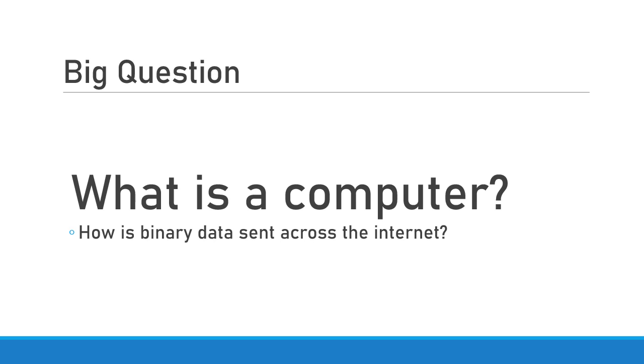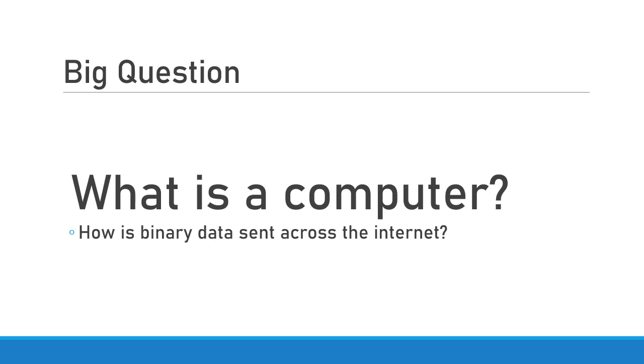By the end of this lesson, you'll understand that sending binary data across the internet is all about transmission. We need a way to take these binary numbers and send them from one device to another. And this is done by using different types of transmission methods or transmission media.